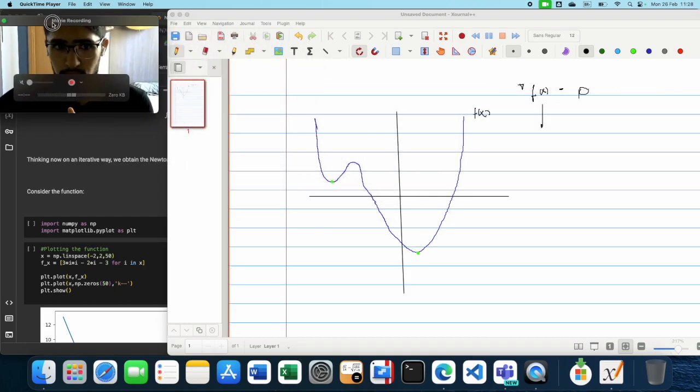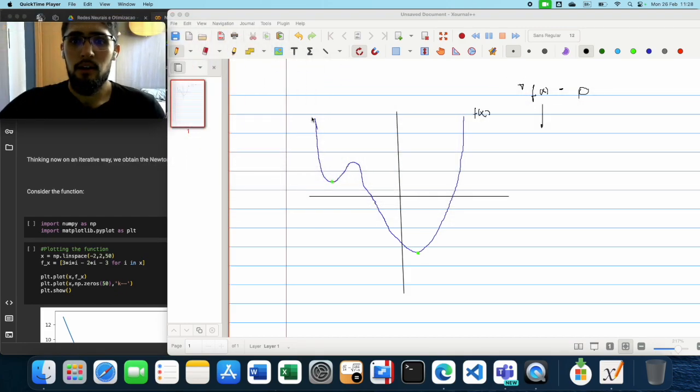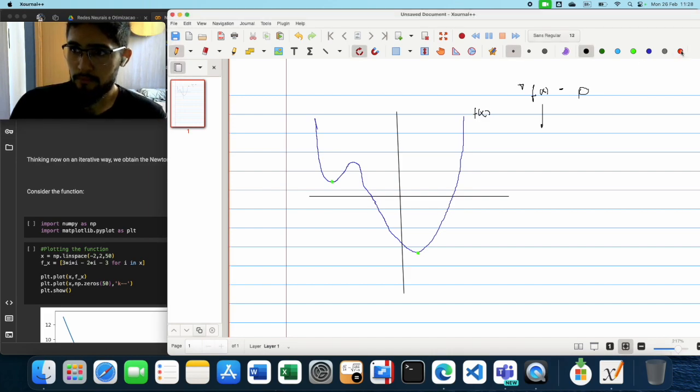What are we doing? This method proposes that we start from a point right here. This point is the point xk, and we want to find this point here.